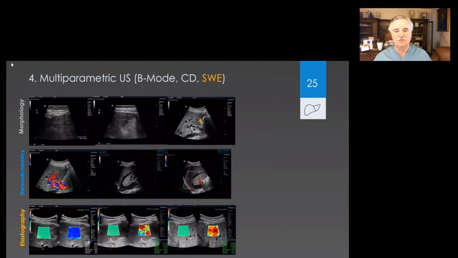This is another way to present how morphological information, like liver nodulations here and here, like the status of the portal vein, hemodynamic information on the status and diameter of the portal vein, but also of the dilatation of the inferior vena cava and the right hepatic vein. And finally, of course, elastographic measurement on the liver and the spleen.